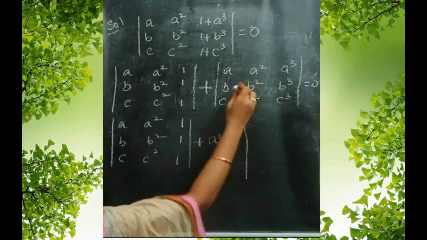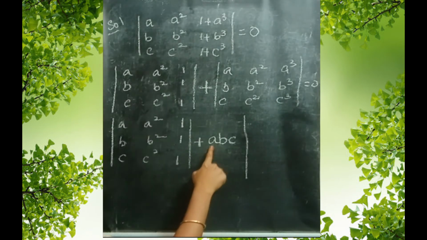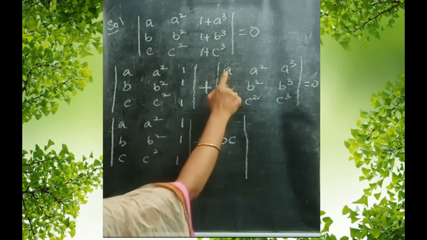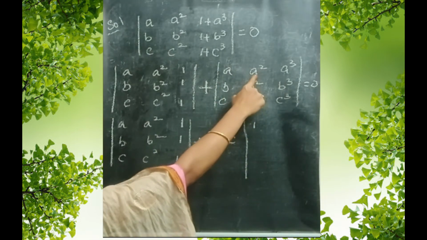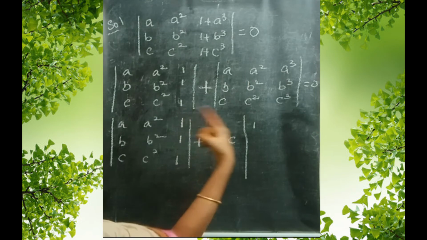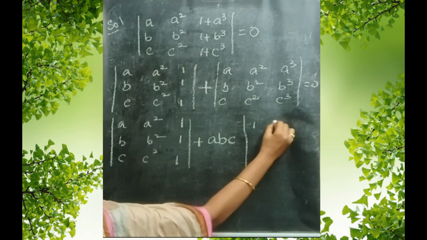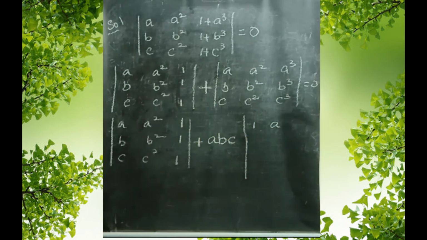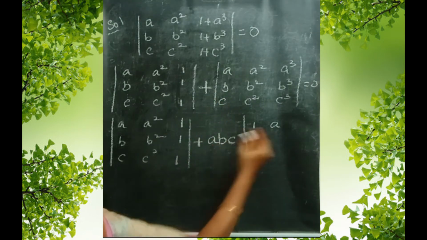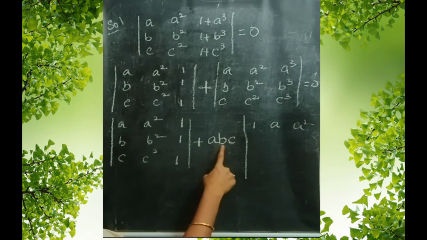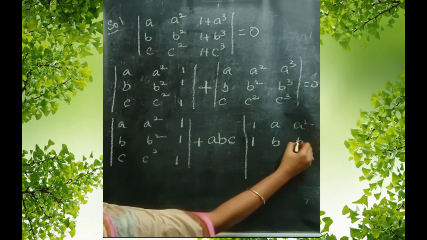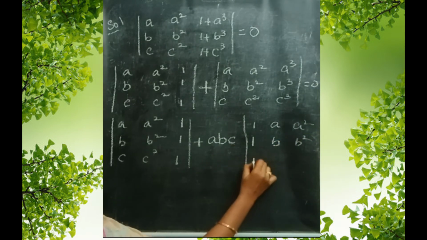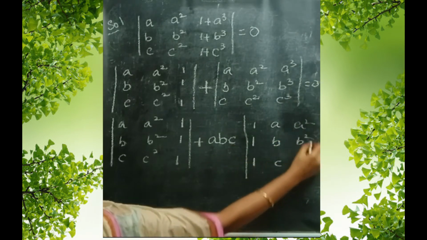Now for the first row, I have taken A common. What will be the term here? 1. A into 1 becomes A. To get A square, what do I have to multiply? A into A is A square. Same for the second row with B common: 1, B, B square. For the third row: 1, C, C square.